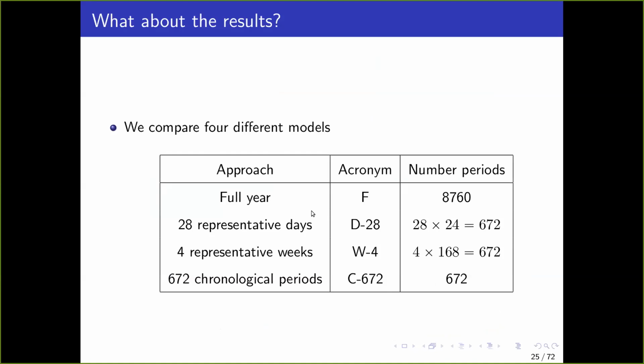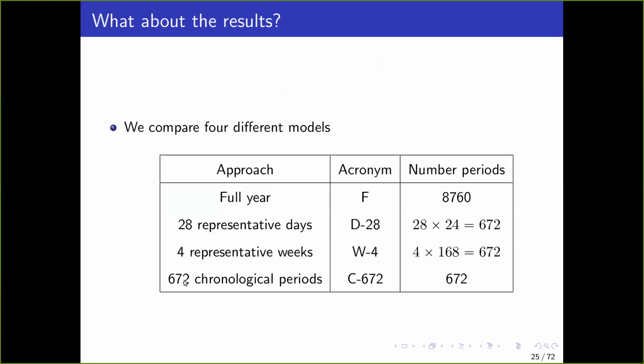The full year is just business as usual. Then we have 28 representative days. So that's going to be called D28. Then representative weeks. So it's the same story, but instead of grouping days that are similar to each other, you group weeks. So somehow you are also trying to keep a little bit better chronology.